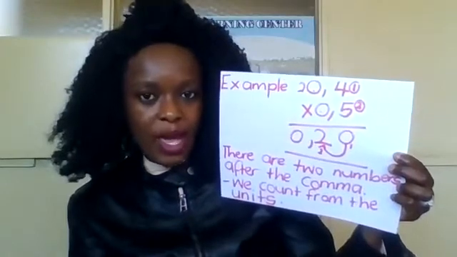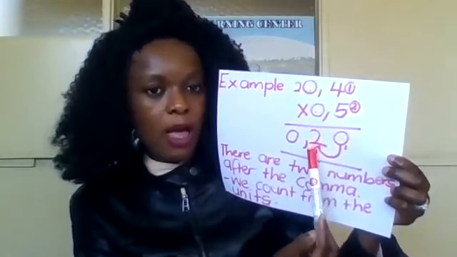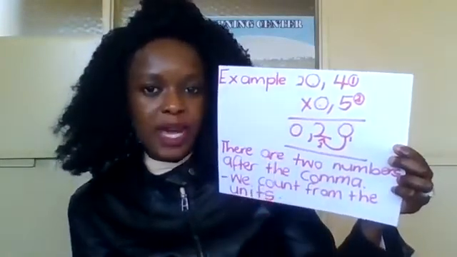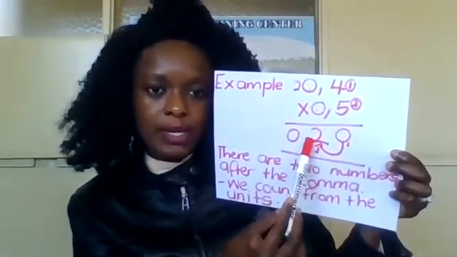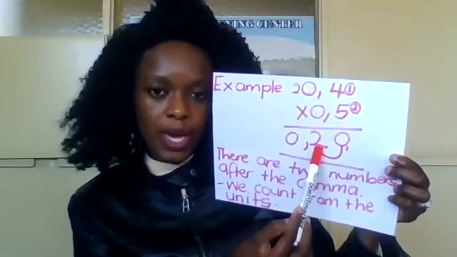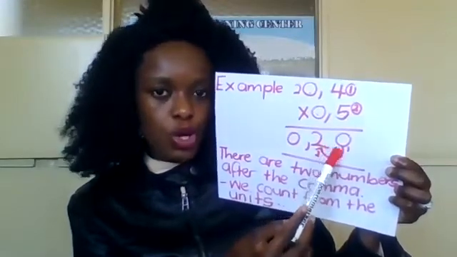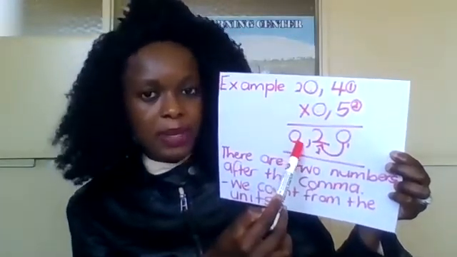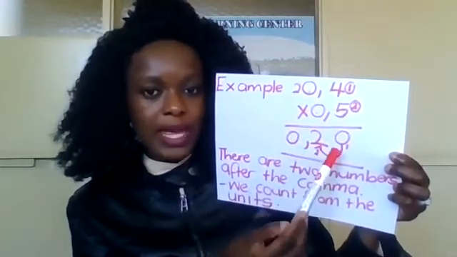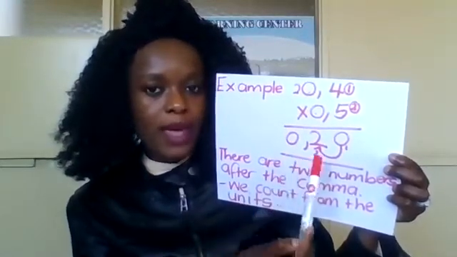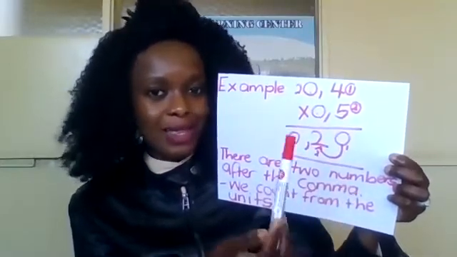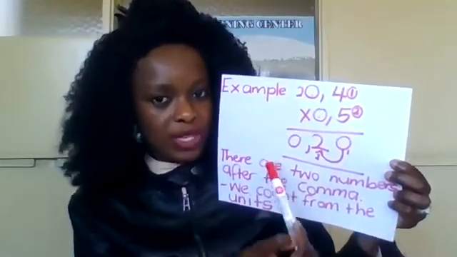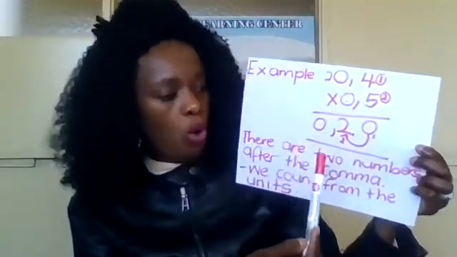If there are 2 numbers after the comma, you put your comma, then your 0 becomes a placeholder, because we know that this is not a 20, this is 0,2. You place the 0 as a placeholder when there is no other number before the comma.